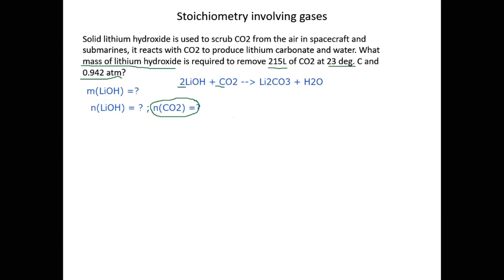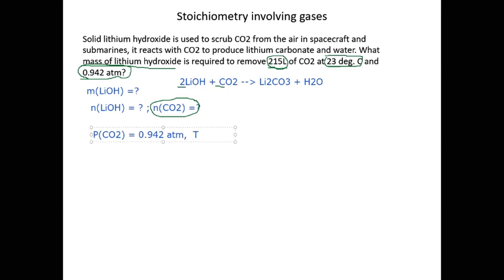Now in order to determine the moles of CO2, we have to look at the other information given to us. We know the volume of CO2. We know the temperature the CO2 was collected at. And we know the pressure of the CO2. So we have the pressure of CO2, and it's already in atmospheres, which is good because we don't have to convert.